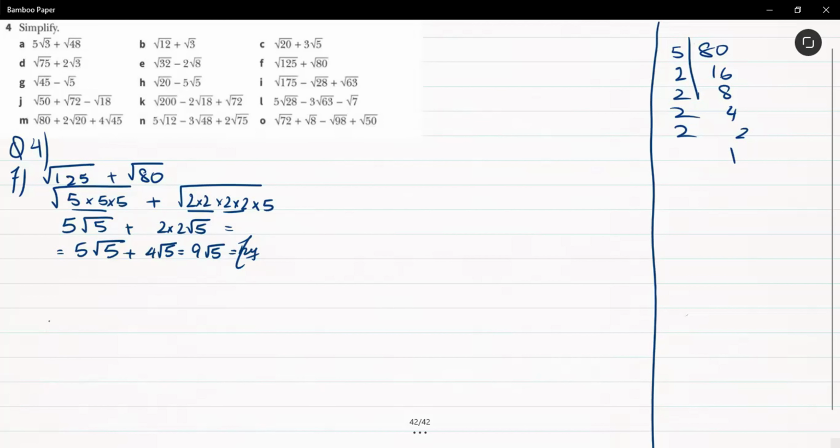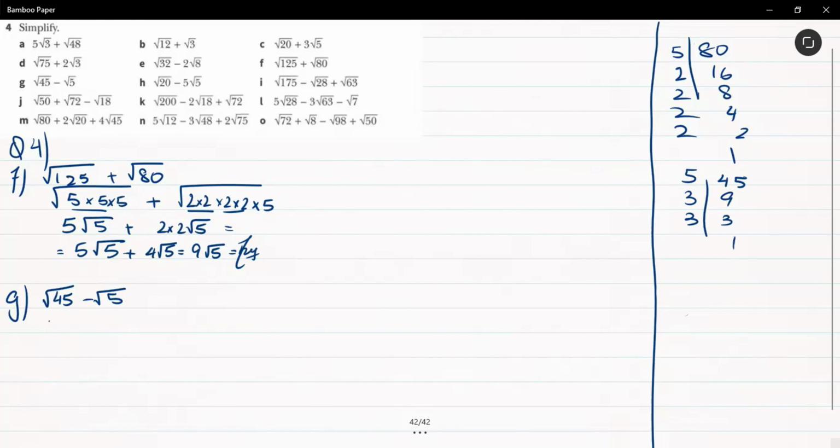Okay. So for part G, we would have √45 − √5. If I were to take out the LCM of 45, I would get 5 nines are 45, 3 threes are 9, and 3 ones are 3.